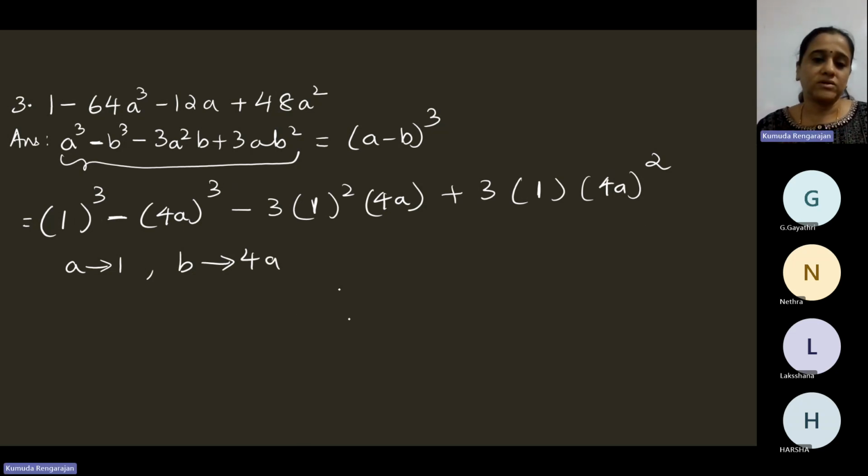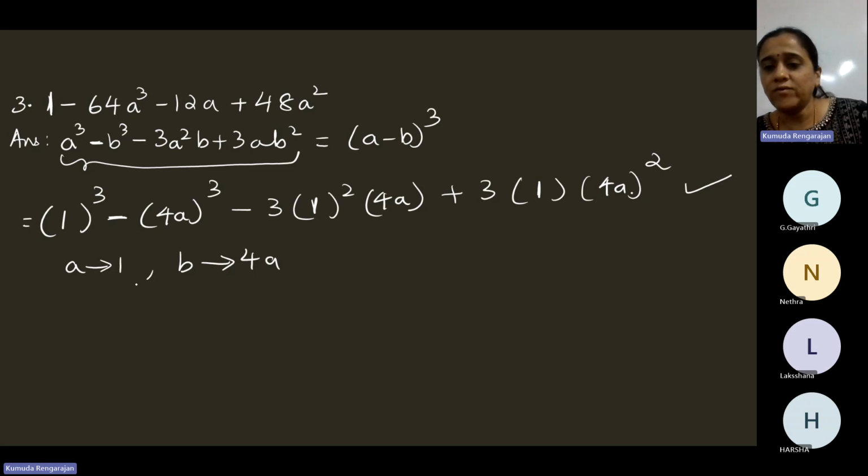Right? Okay. So now next step is to check. We have written it like this, but do the terms we have got here match with the terms in the expression? That we have to check. So 1 cube, 1 is here. Then here 64a cube, yeah, it's here. Then check this one, 3 into 1, 1 squared is 1. 3 into 1, 3 into 4a, 12a, minus 12a, yeah, here it is.